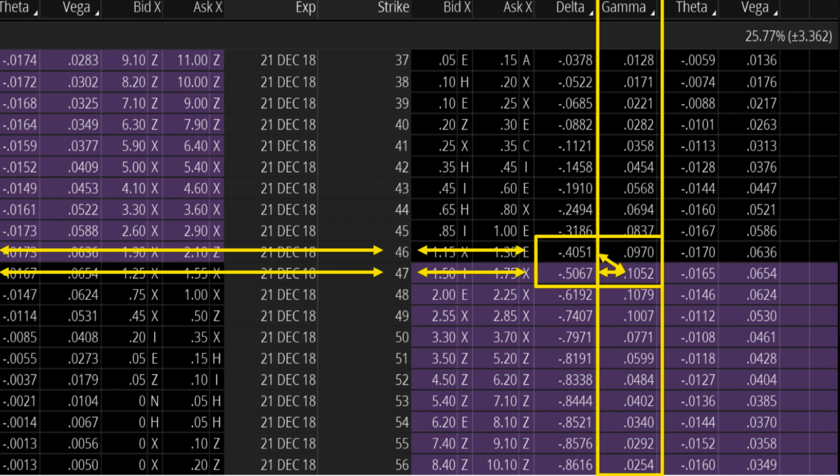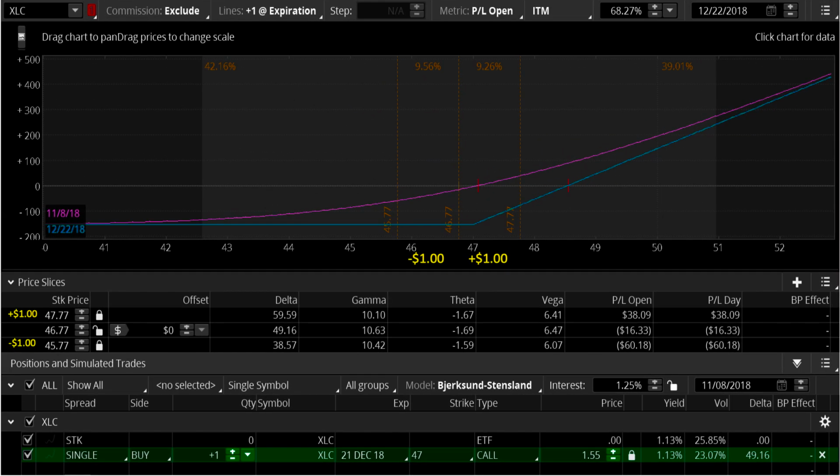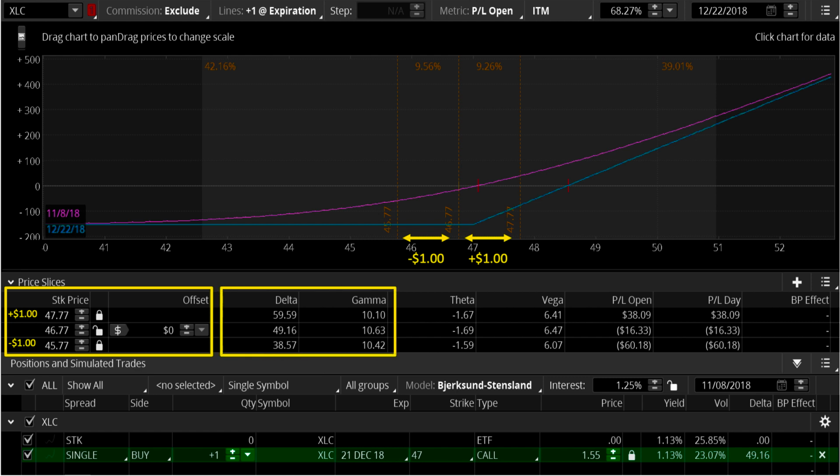Here is a really cool example of a risk graph. You're going to get to know risk graphs really well. What we're looking at is an option risk graph for a $47 call. I'm showing you a $1 increase and a $1 decrease from the current price, so you can see I've got those set up here. You can see the delta and the gamma.